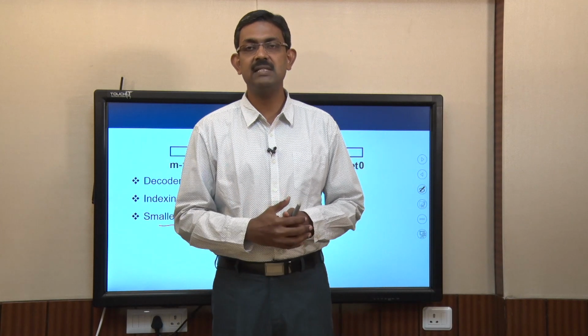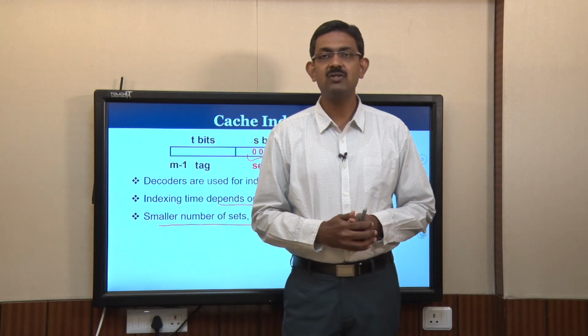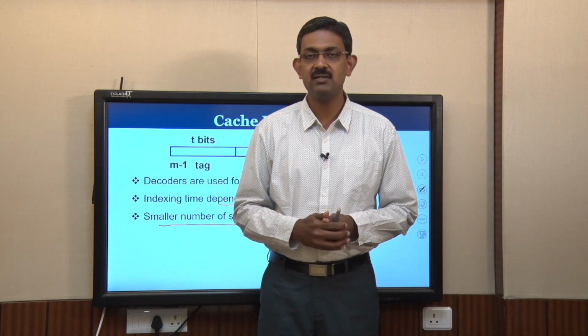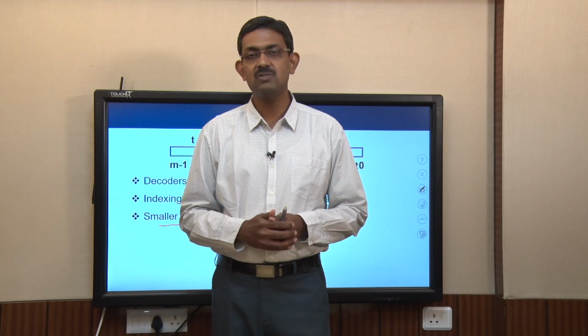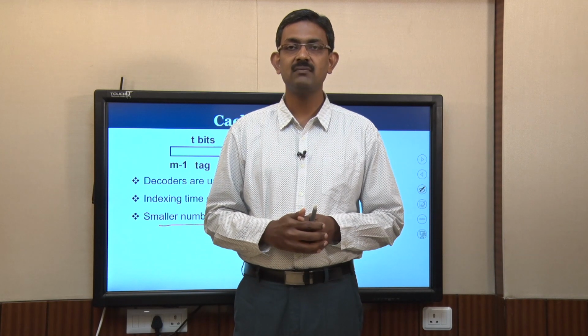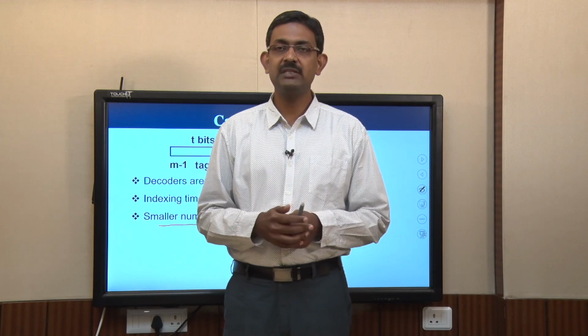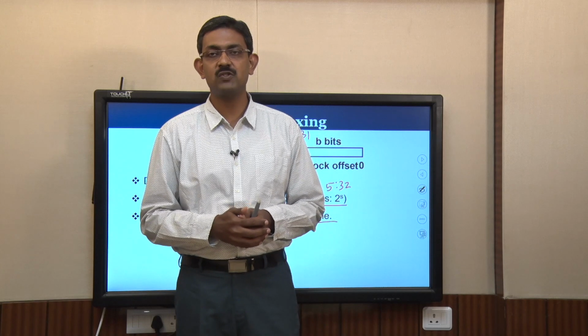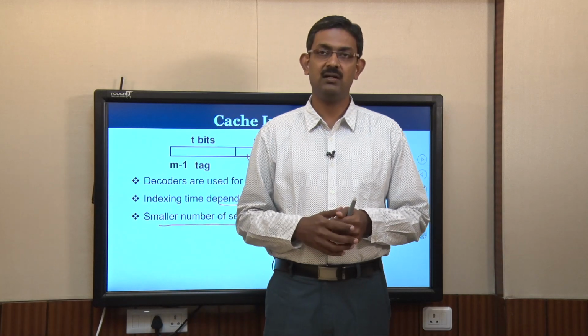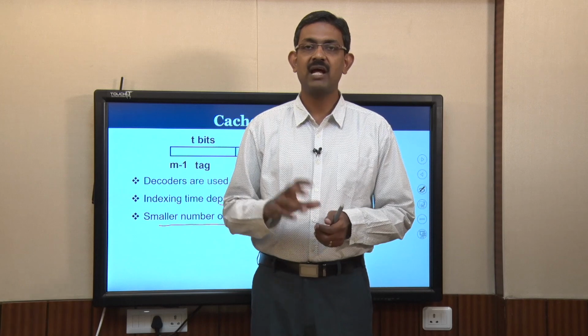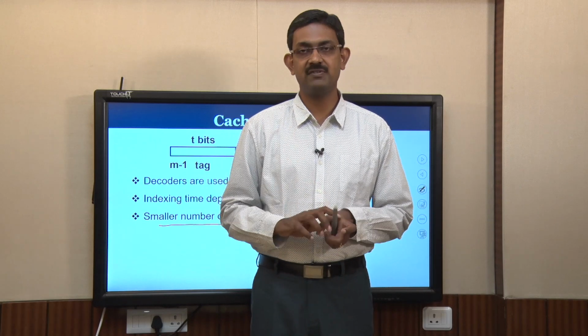We started our discussion in such a way that cache memory is used in the instruction fetch as well as the mem stage of an instruction pipeline. In both these cases, we have to make sure that the cache memory returns the corresponding word within one clock cycle, and for that to happen, our cache memory should have a minimum number of sets.